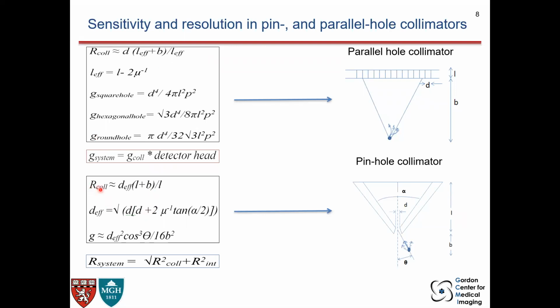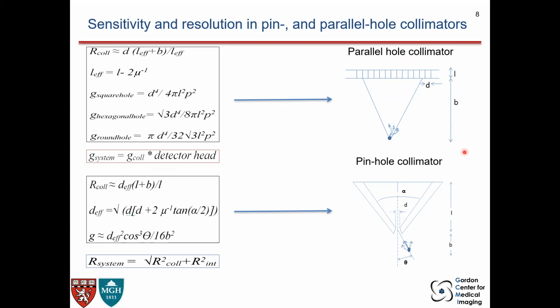In resolution of the collimator, this is the collimator here in parallel hole, and the length of the collimator in pinhole is from here, where the detector sits, up to here, where the pinhole is. And as a general rule, if you're closer to the collimator hole, your resolution is better. Looking at both formulas, sensitivity actually works the other way around.